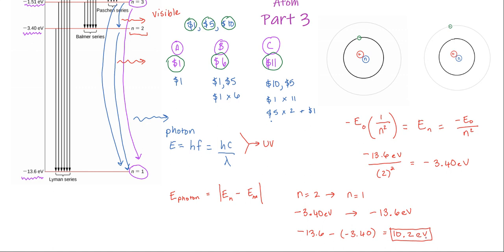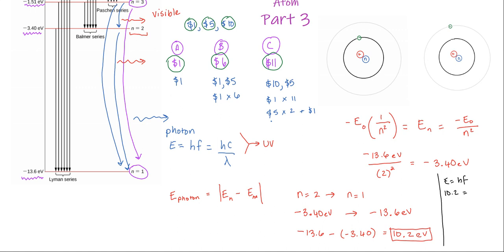From that point, I can then calculate the wavelength or the frequency of that emitted photon. I'm going to use the equation E equals hf and plug these values in. So I have 10.2 electron volts for the energy.